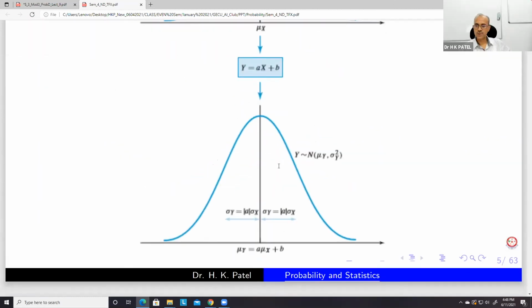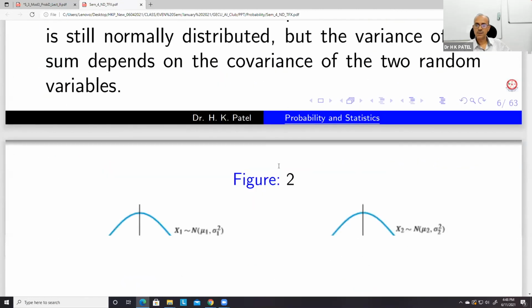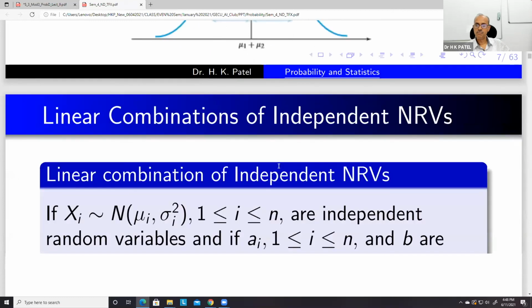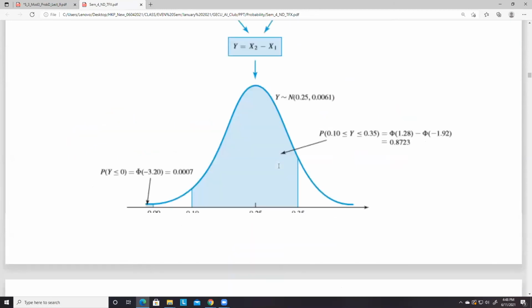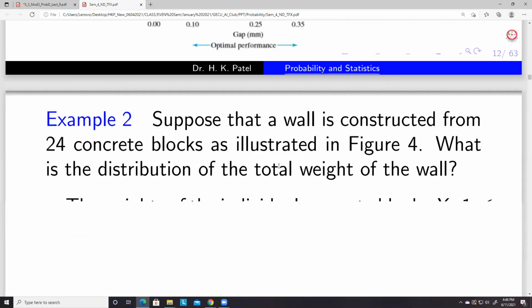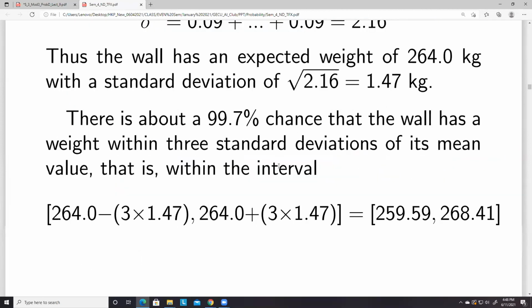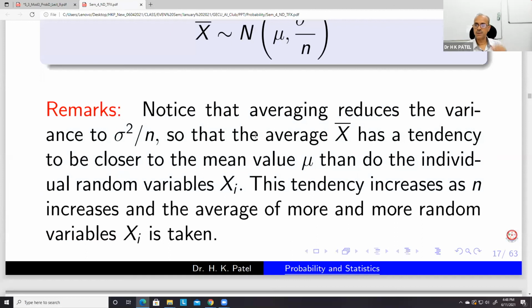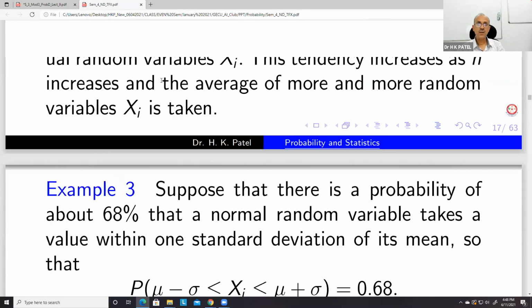So these we'll see. This is just a generalization, I think, not a difficult thing.